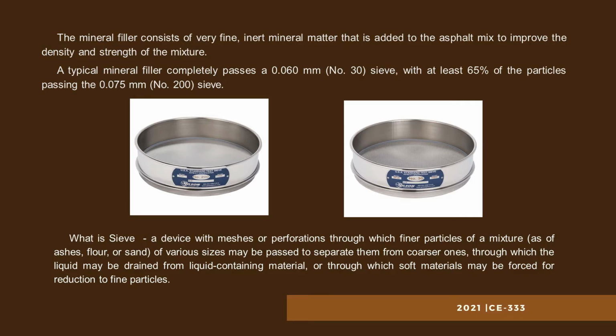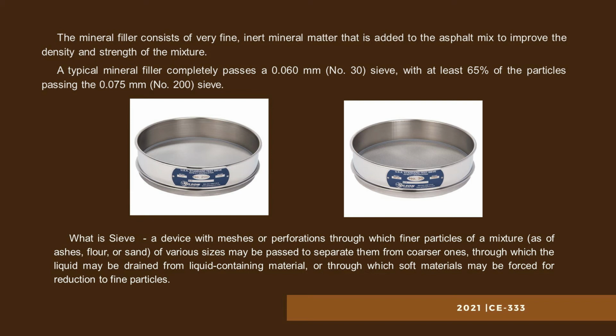The mineral filler consists of very fine, inert mineral matter that is added to the asphalt mix to improve the density and strength of the mixture. And a typical mineral filler completely passes a 0.060 mm or the number 30 sieve, and with at least 65% of the particles passing the 0.075 mm or the number 200 sieve.